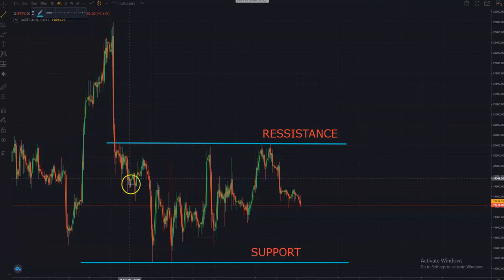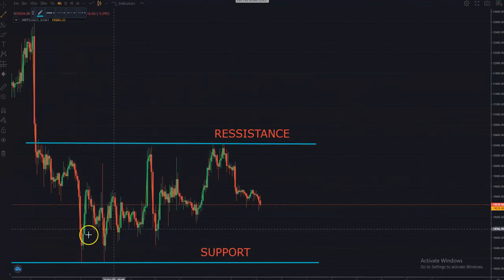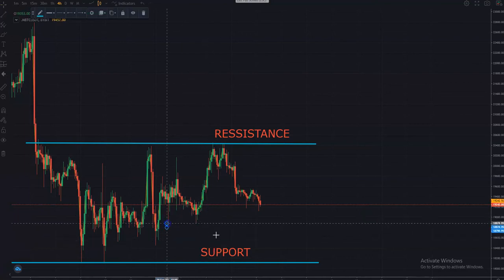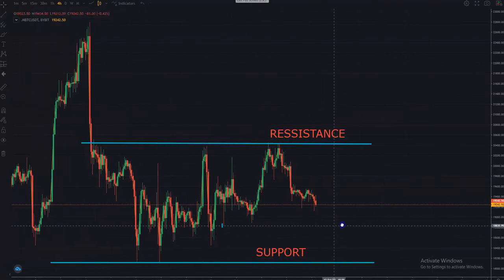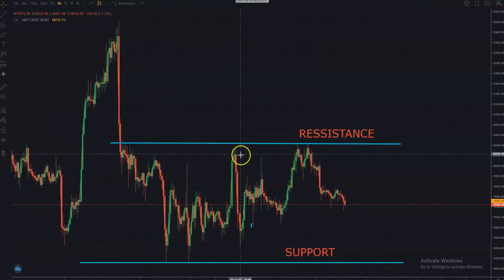The current market trend is going sideways, though there is much volatility, as you can see, up and down. Usually the prices are locked up in this part, whereby the highest it goes is the most recent high.